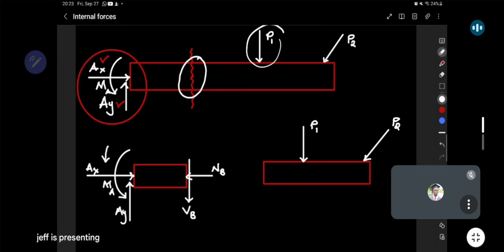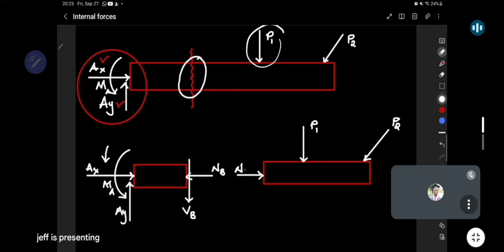But before we introduce the bending moment, I want you to notice what happens. For this section, if I say my normal is pointing to the left, it must follow that on the second section, the same normal must be pointing to the right, because you should still obey Newton's third law.